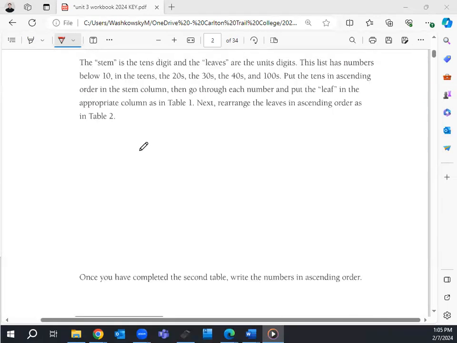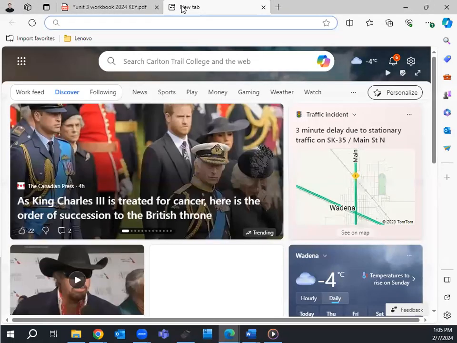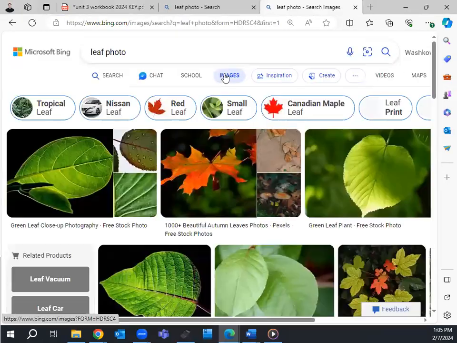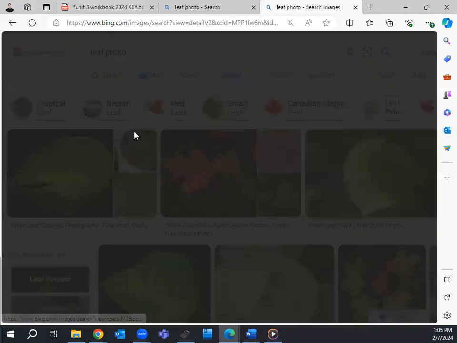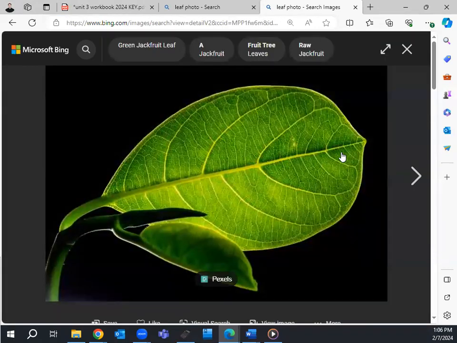I'm going to go down here to my next page. When it talks about a stem and a leaf, you're thinking about an actual leaf. If you're looking at this leaf here, the stem is this middle part, right? It's the part that's going out, and everything else is connected to it.